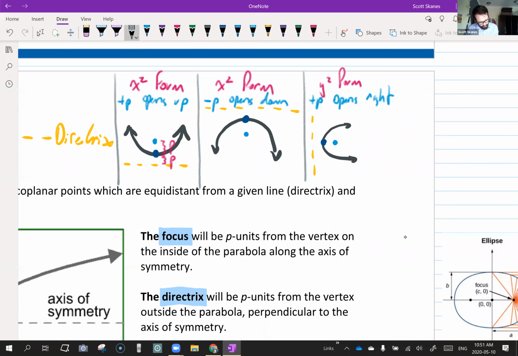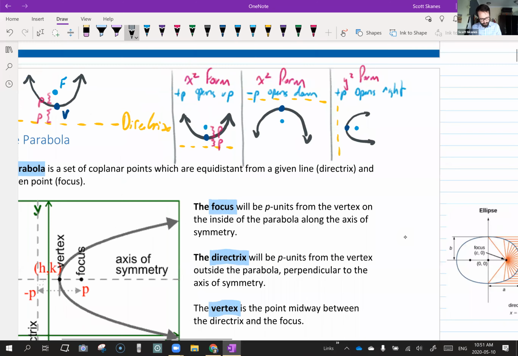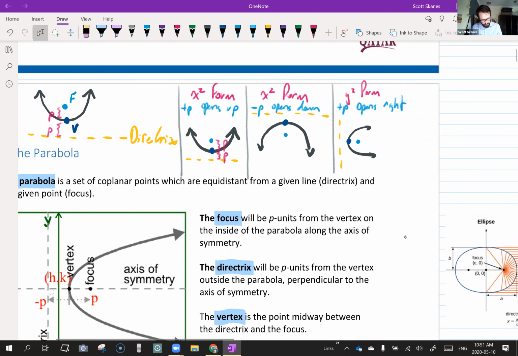And then finally, I haven't written the last one, but you get the idea. I'll sketch it. Let me see. This way, must have a negative p, opens left. That would be also y squared form. And we have our vertex at the tip there.